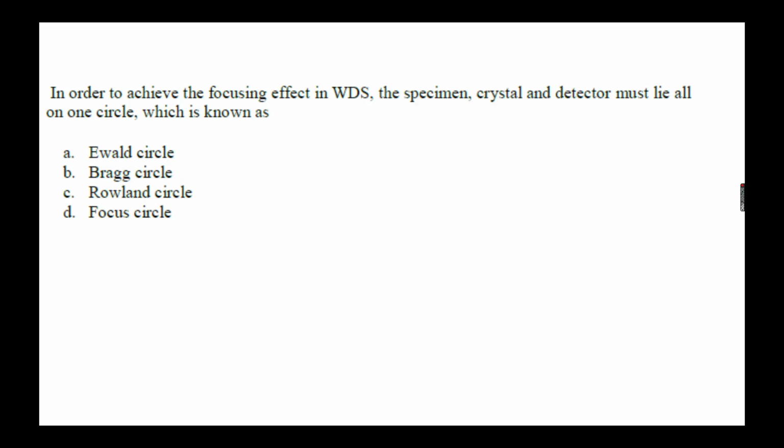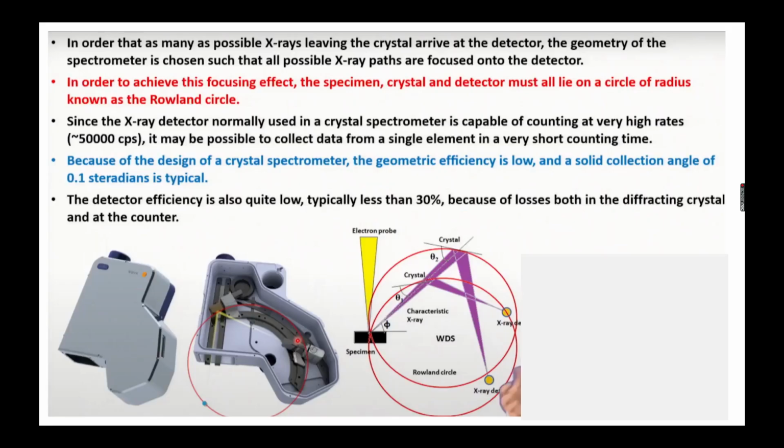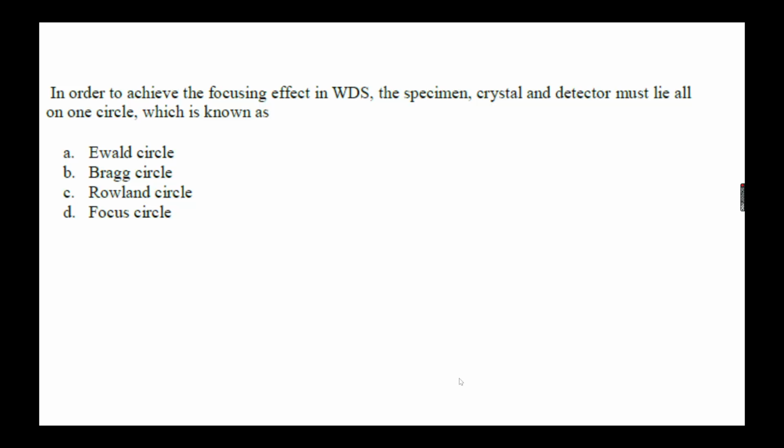You answered C, Rowland circle. Okay, fine, great, the answer is correct. So here, this is your Rowland circle. The name of the circle is the Rowland circle. What is it asking?